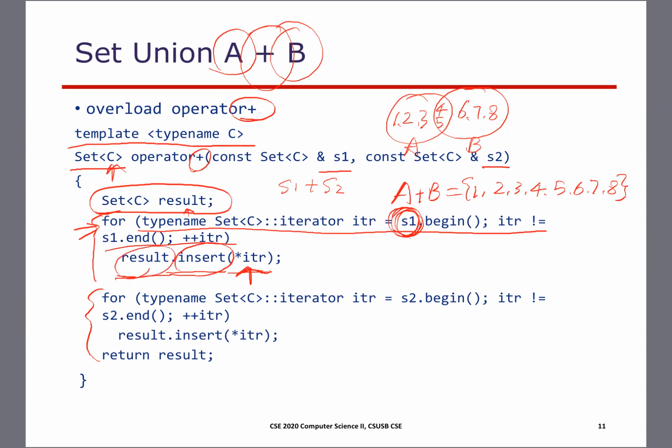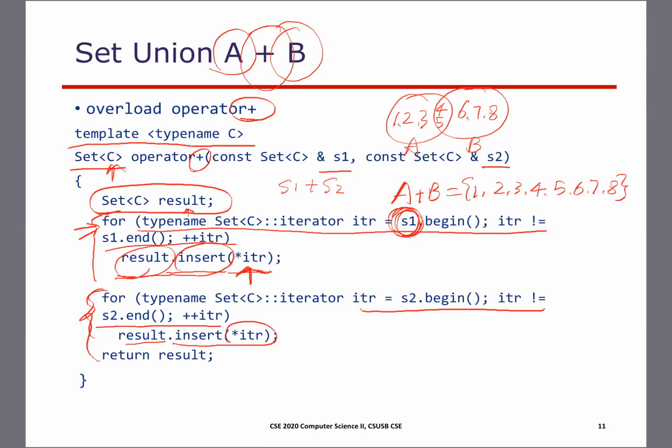This is the first loop. In the second for loop, we access every element in the set S2, and then we insert every S2 element in the result.